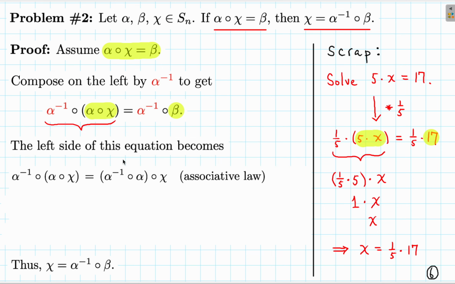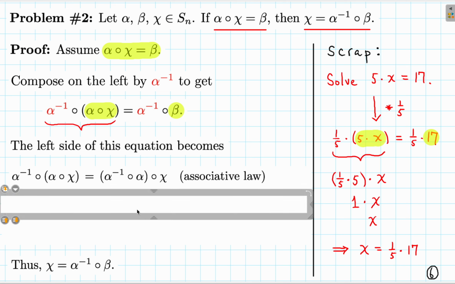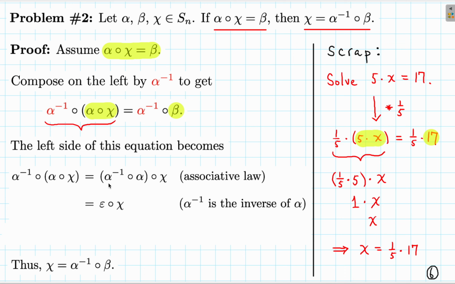So the left side of this equation becomes the following. We start with this, which is the same as the left side here. We move the parentheses around using the associative law, regrouping, and so we have alpha inverse and alpha together now inside the parentheses. Why do we do that? Well, because alpha inverse being the inverse of alpha, we see that alpha inverse composed with alpha is the identity permutation epsilon.